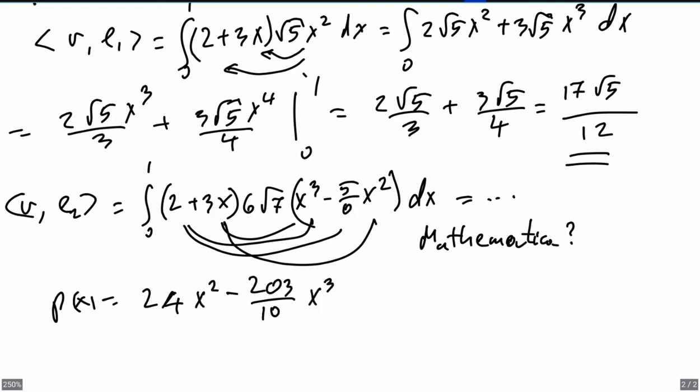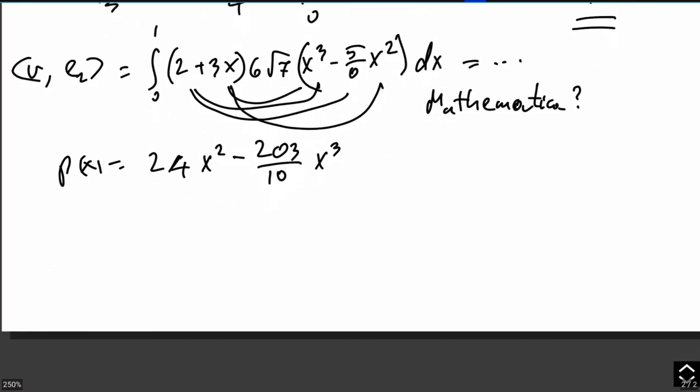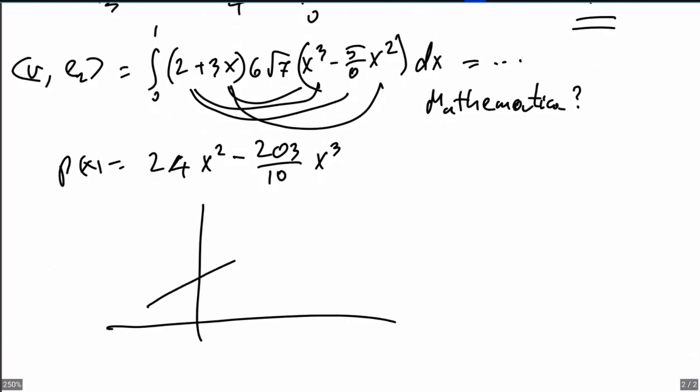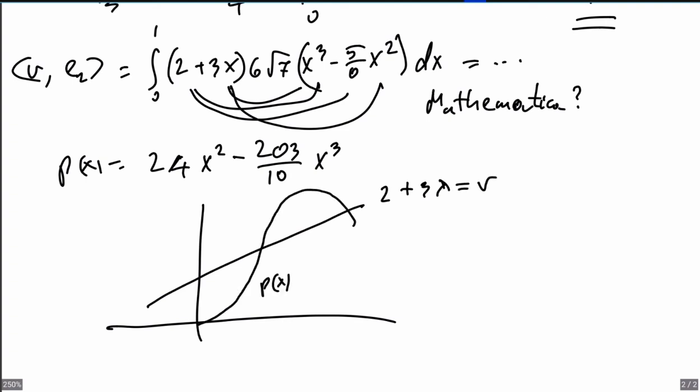x cubed. So the interesting thing is that if you plot these two vectors, the 2 plus 3x vector, the original one, and then this p vector, the picture is something like this. So this was the v vector, the original vector that we wanted to approximate.